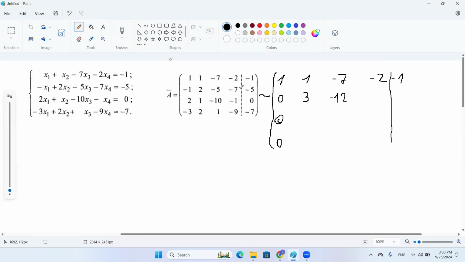Here, minus 9, and here, minus 6. By the way, it seems that we will simplify this row. It looks beautiful.